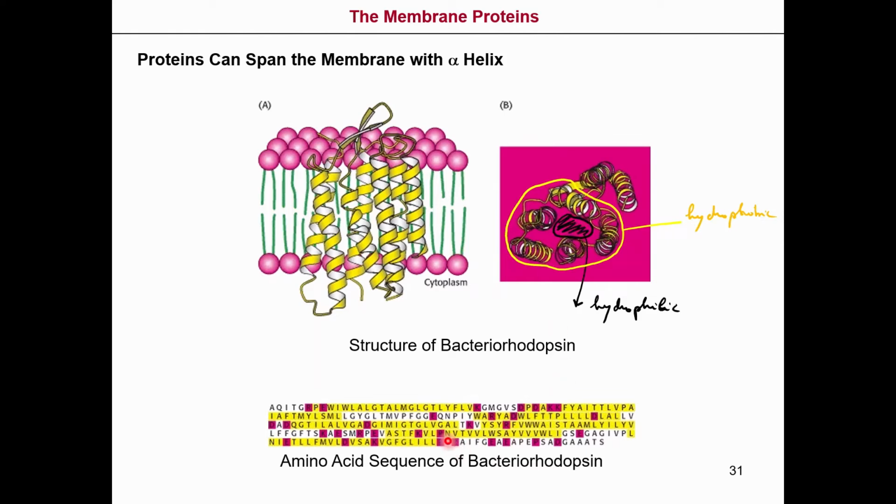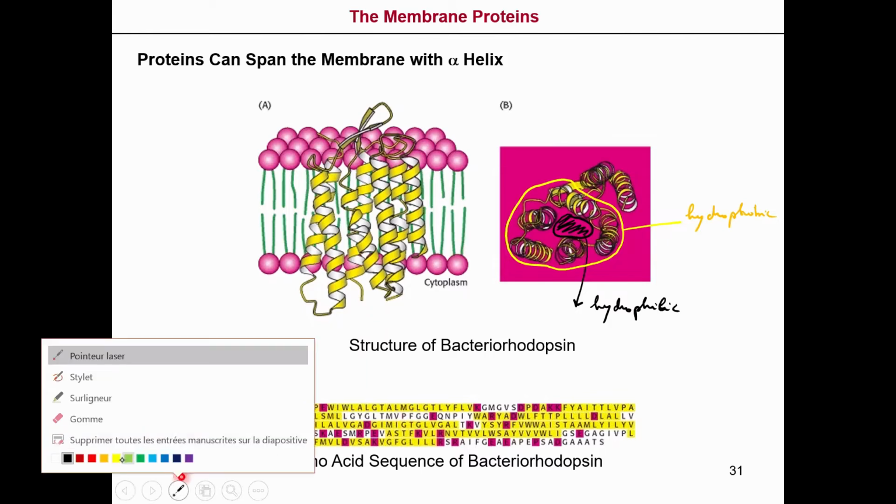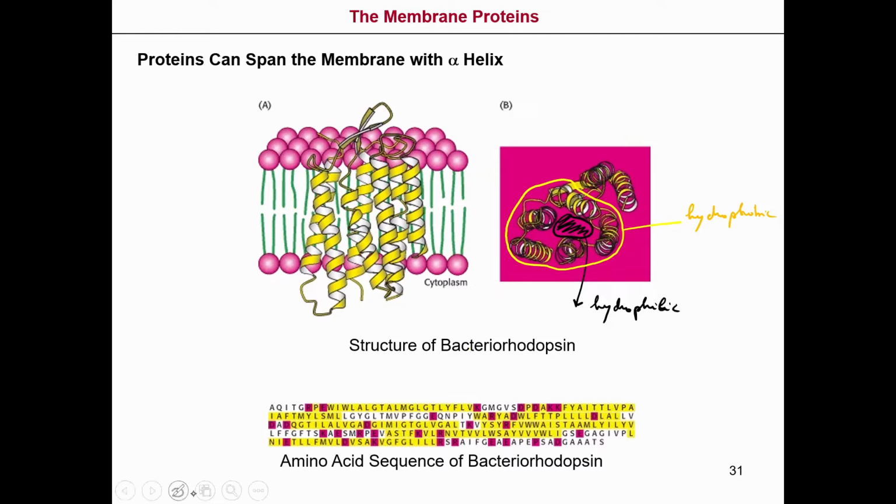In yellow you have the hydrophobic amino acids, and in pink you have the hydrophilic amino acids.